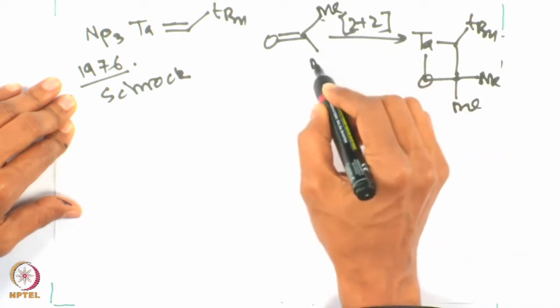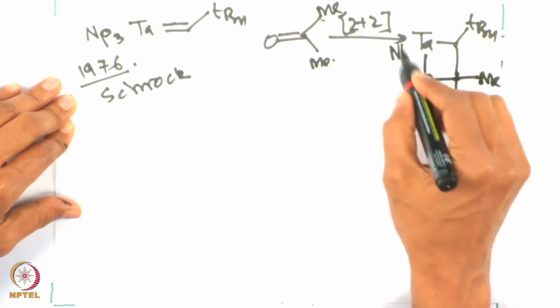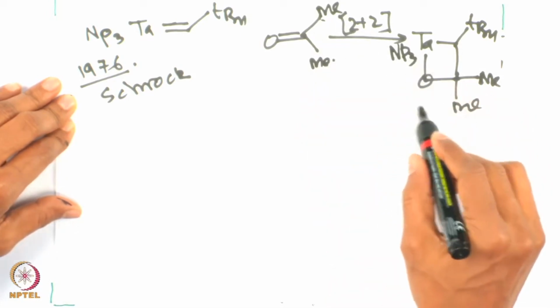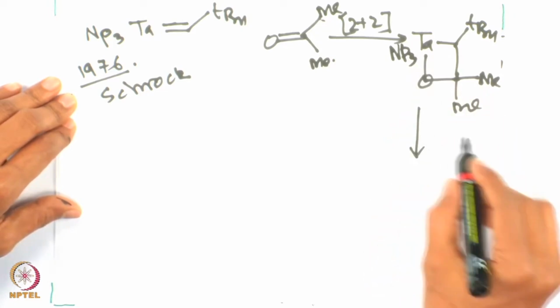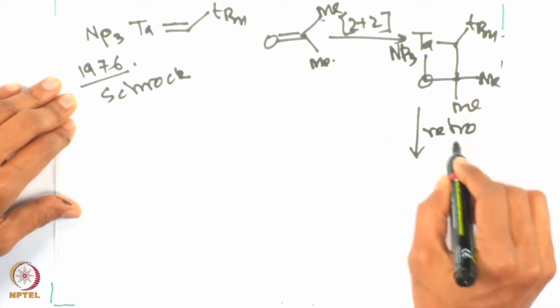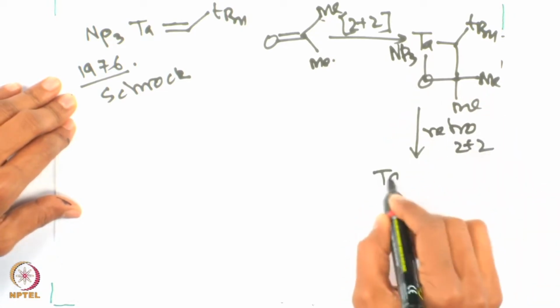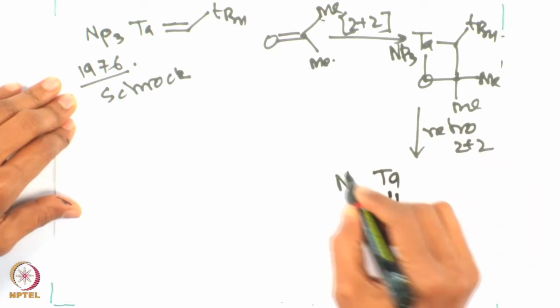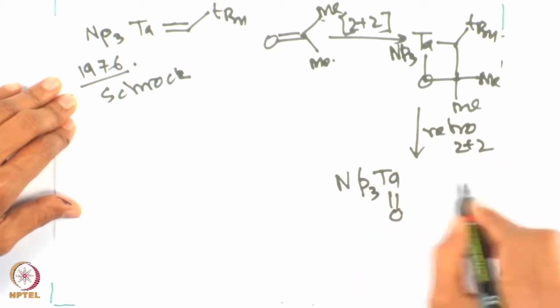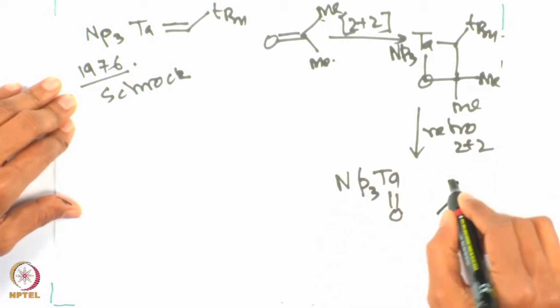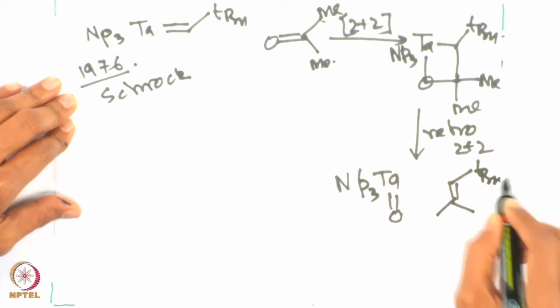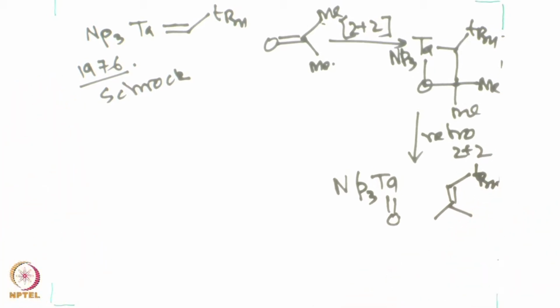Now, if you do that, overall you have a 2+2 and a retro 2+2 to give you the tantalum oxide, much similar to your phosphine oxide, and the product that you get in the process has the tert-butyl part, because the tert-butyl you started with in the reagent, now tert-butyl ended up in the product.